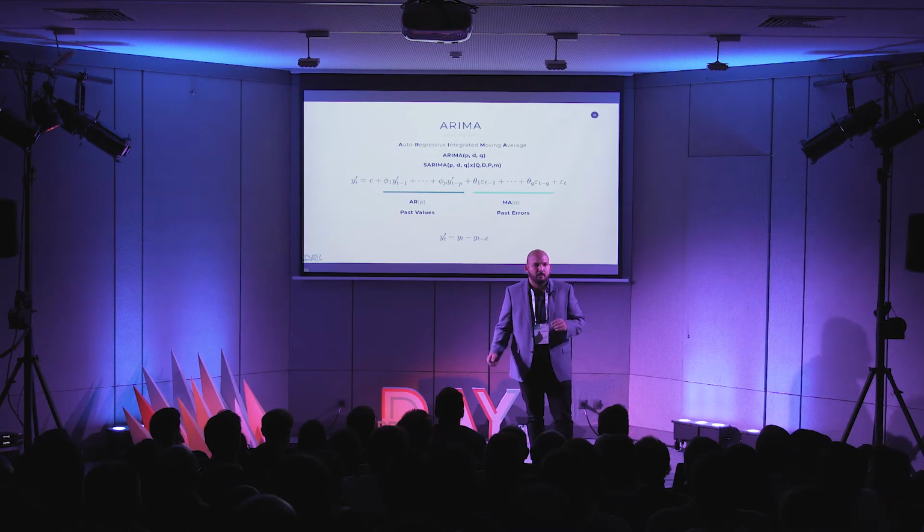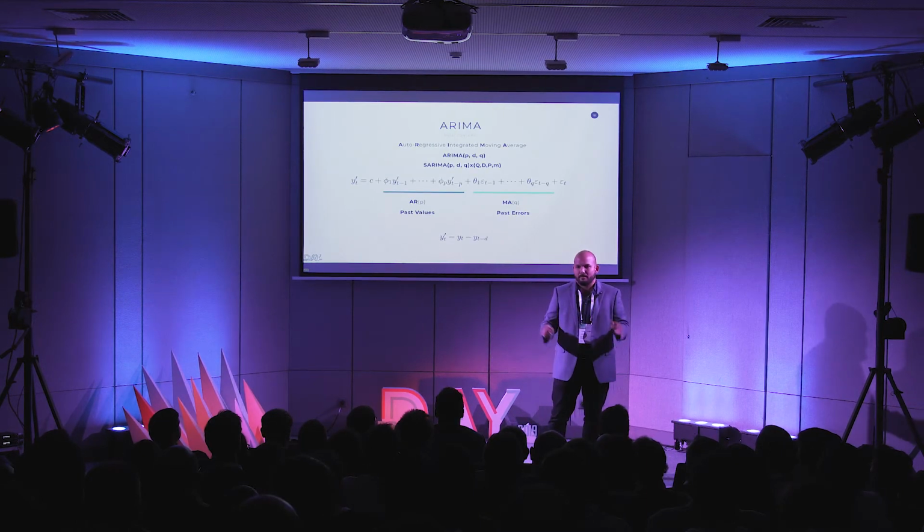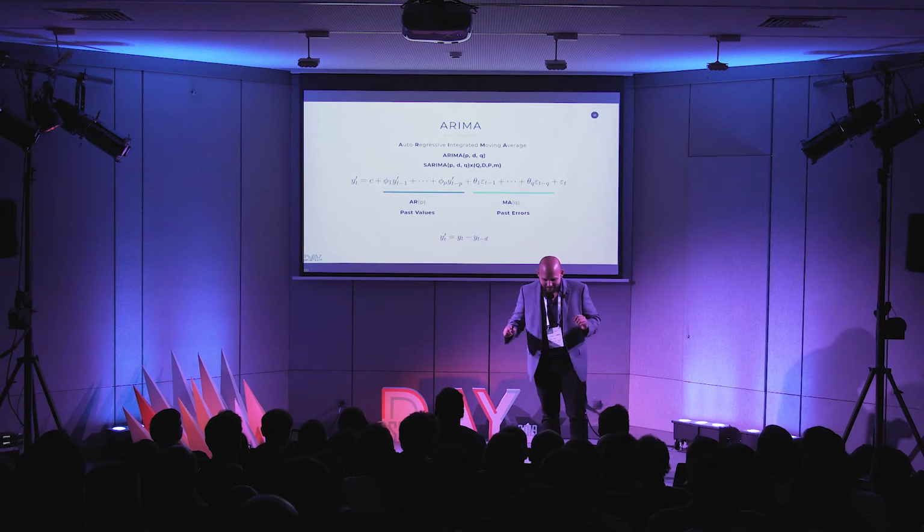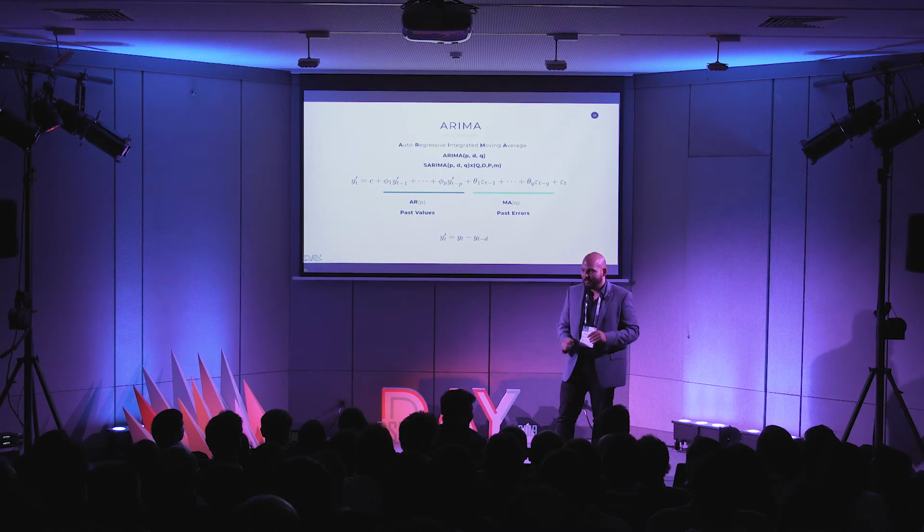Let's start with a traditional time series model. This is the cool math slide I needed to put in, so the science part. I'm not going to go into detail, but in a nutshell, the traditional time series model uses previous data, basically the previous sales and the previous error, to be able to predict the future target variable.